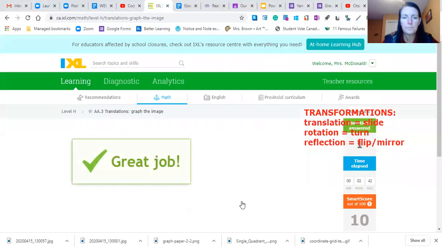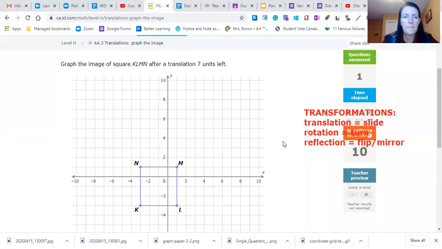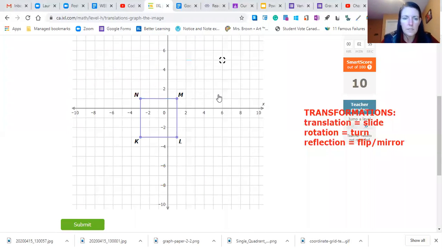And submit. Okay, this time we are graphing, the whole section is translations. So we're going to be translating 7 units to the left. So let's take any one of them. Doesn't matter where you start, as long as you go in order around your quadrilateral or whatever shape you're going in. So let's start here. We're going 7 to the left.